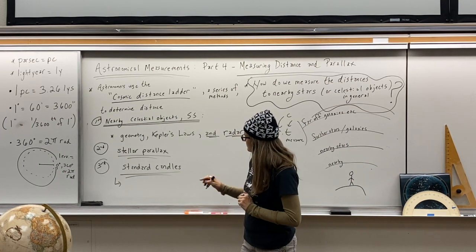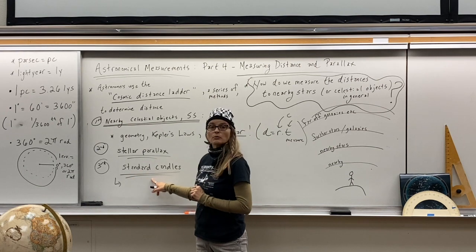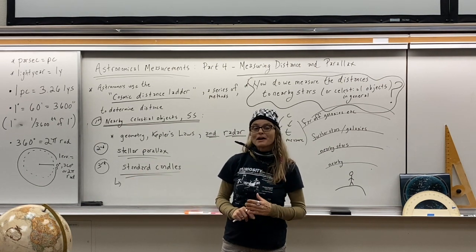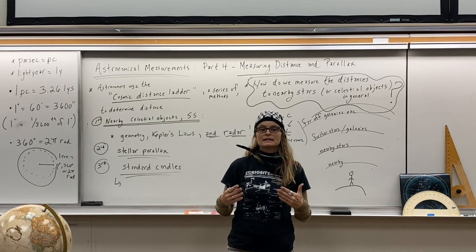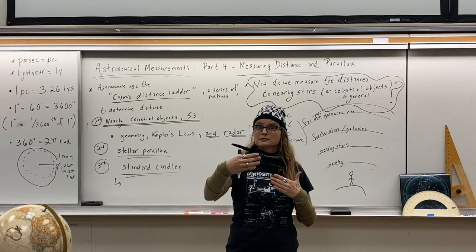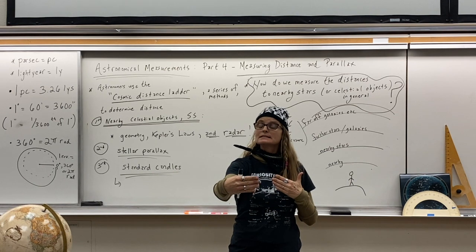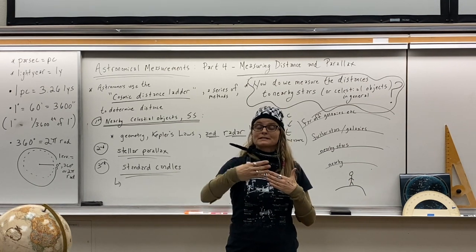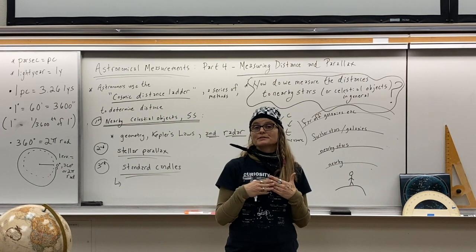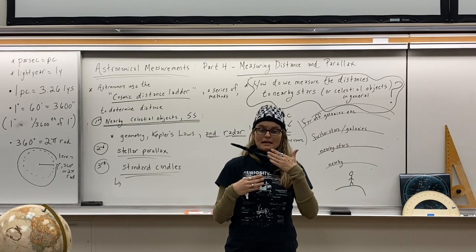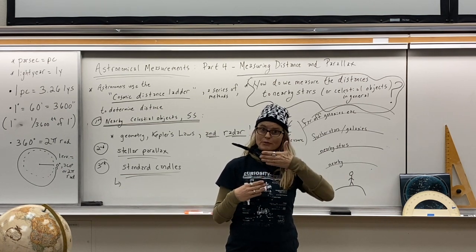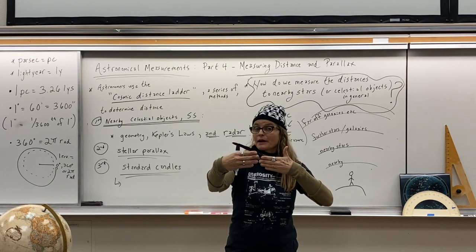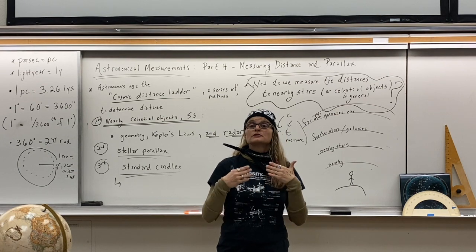So there can be some problems that arise from that, because it's not always well known what the exact luminosity is. But the idea is we know the further an object is away from us, the fewer photons we will receive, the less light we will receive off that object. Okay, so we take a look at what its brightness appears to us, and how much light it's actually putting off, and we gauge that to the distance.